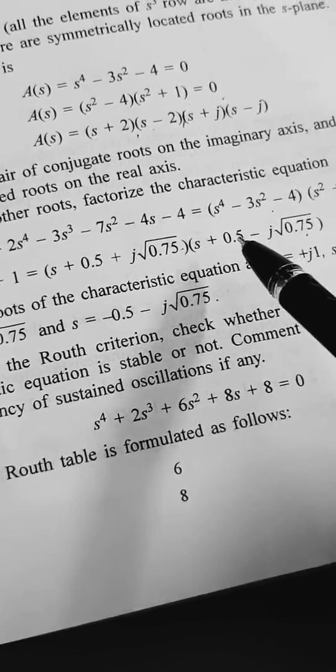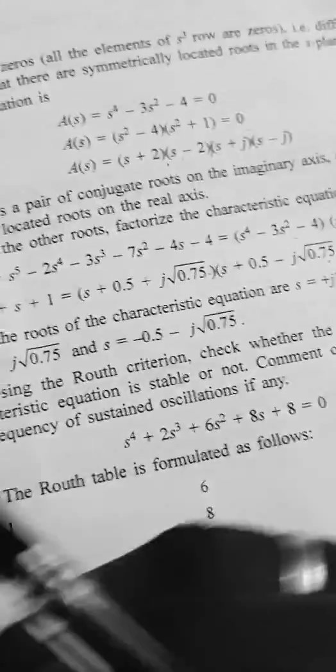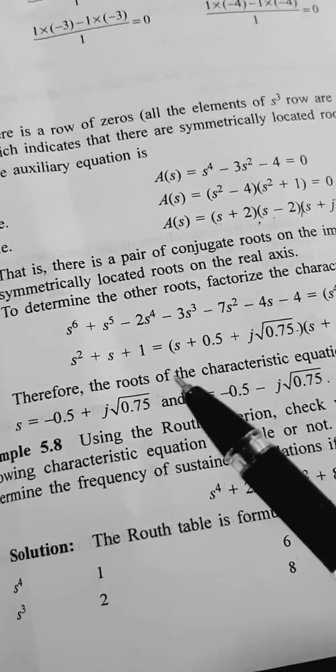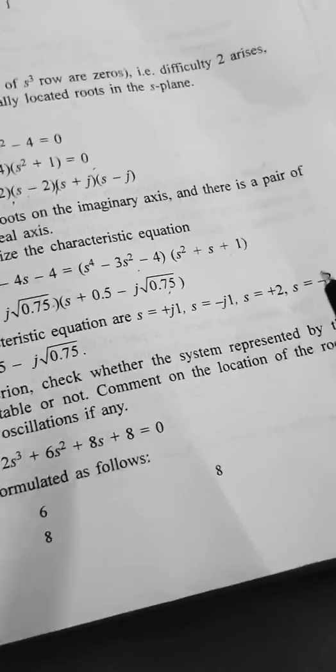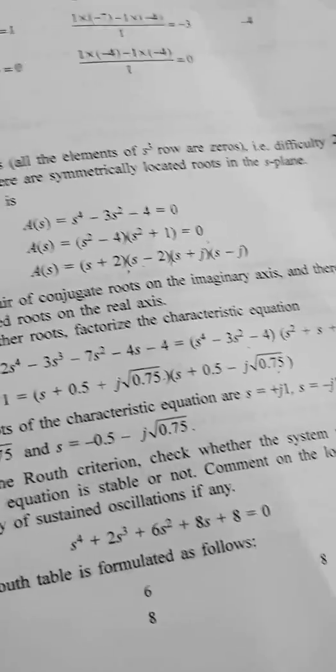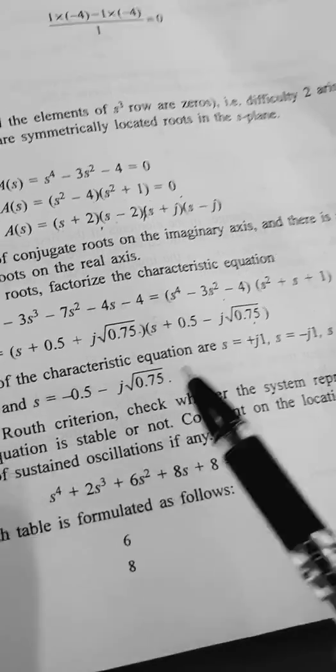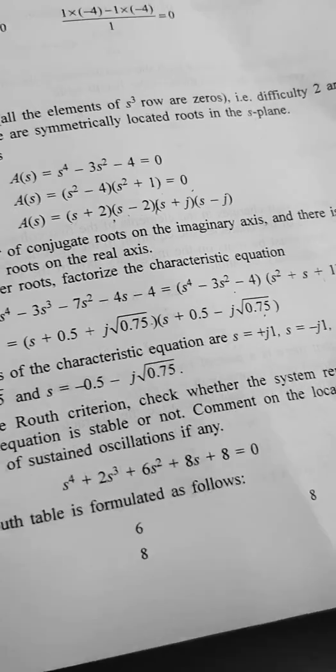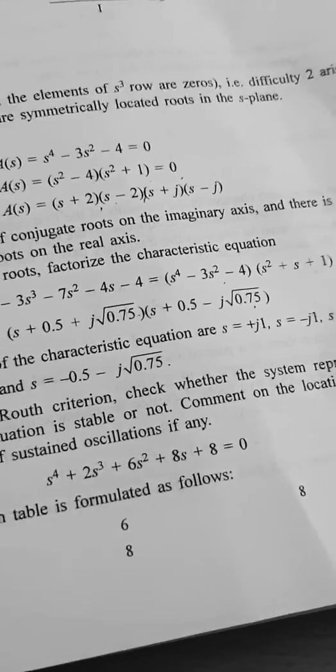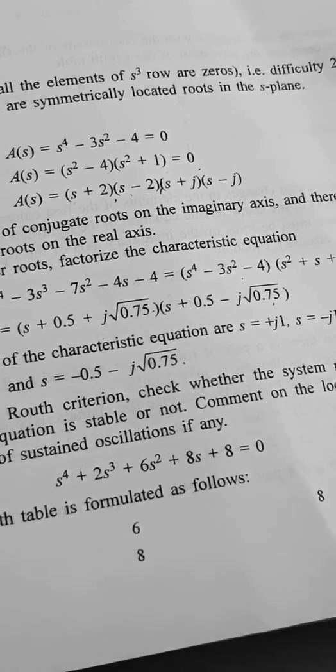So it is perfectly on the left half of s plane. Therefore, there are around 6 roots, and some are on the right hand side. So you can say that it is unstable.